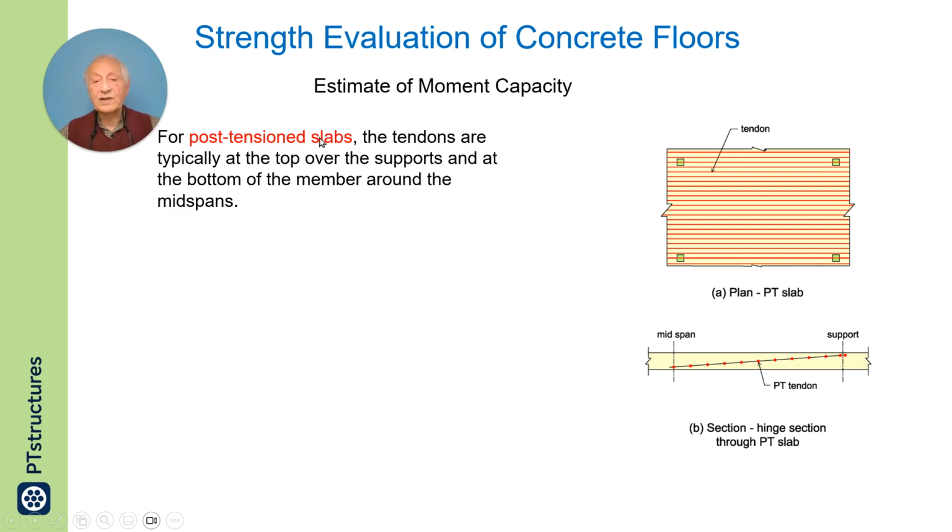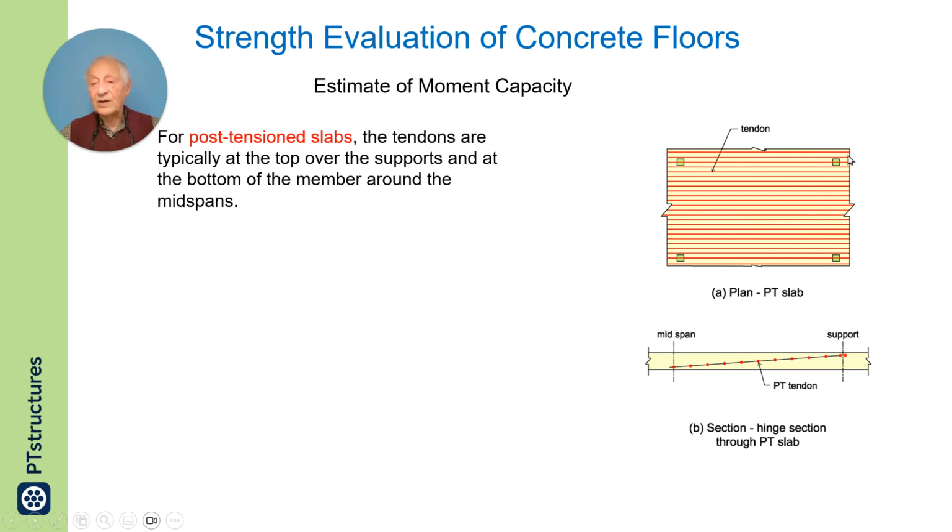Now, for post-tension slabs, the tendons are typically at the top over the supports and at the bottom of the member around the midspan. Let us look at this image. Column supported. Tendon is high here, low here. Again, it is high here, low here.